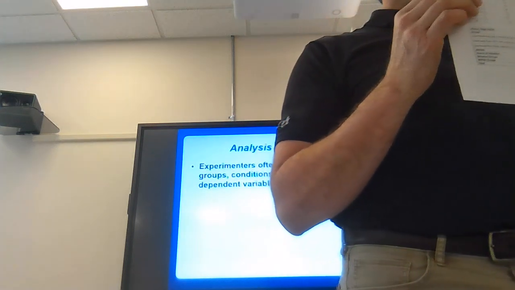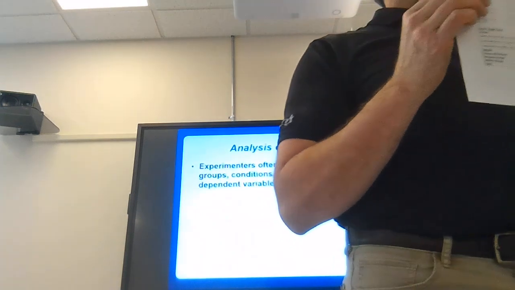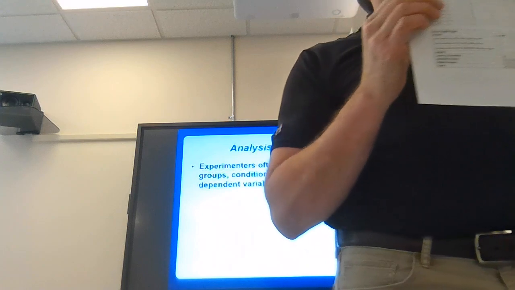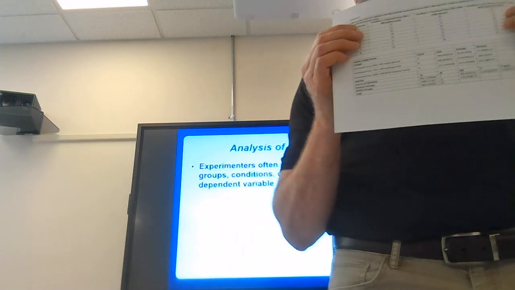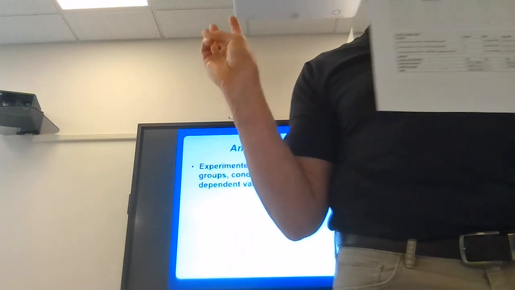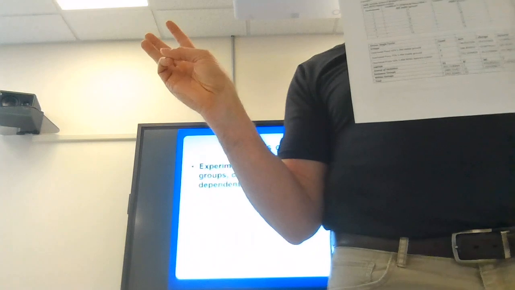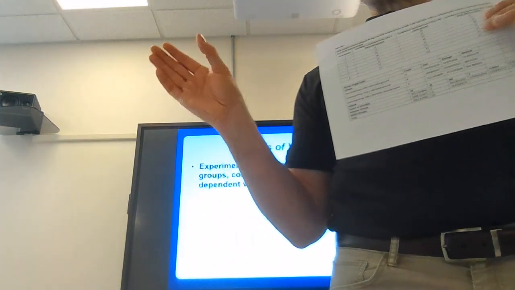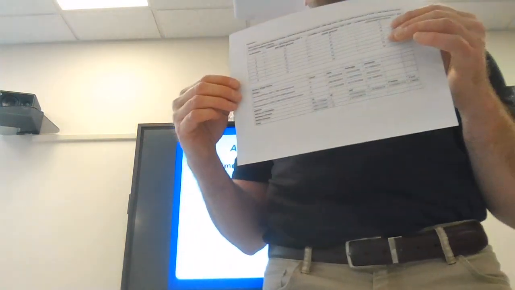So the dependent variable would be activity of the external obliques. The independent variable would be overhead press. And how many conditions does overhead press have? 3. Yeah, so 3 conditions of the independent variable, all looking at activity of the external obliques. That'd be your dependent variable.